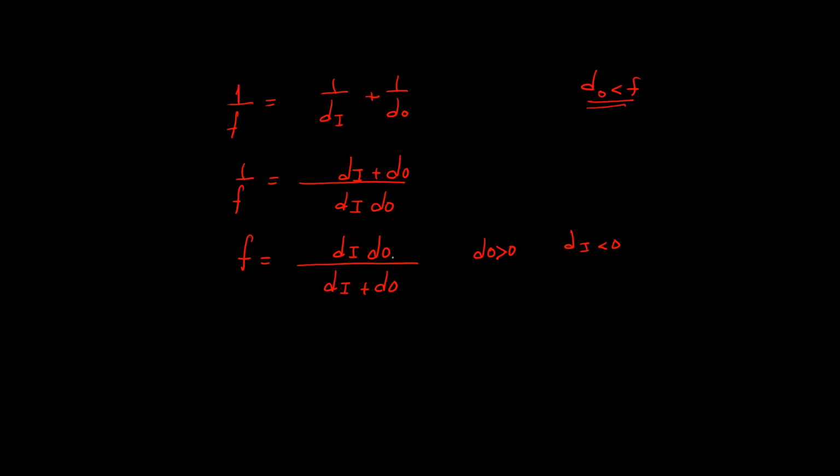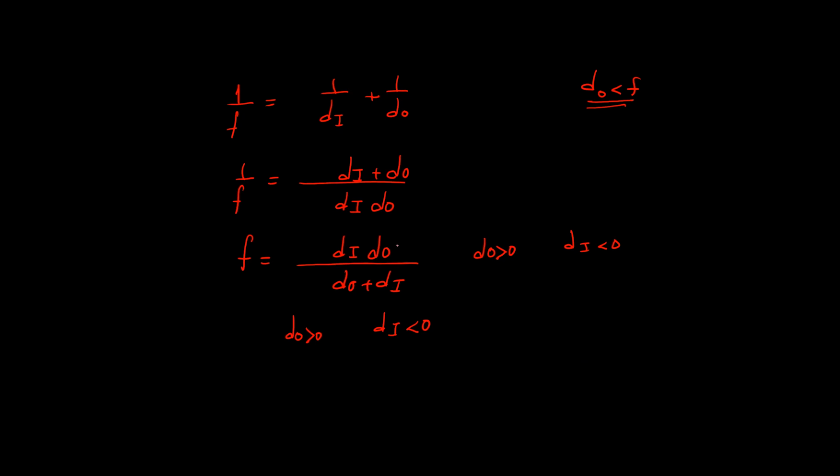Now let's look at the denominator. Let me rewrite the denominator like this. Now I know that DO is positive and DI is negative, but I'm adding them right here. So I'm adding a positive number with a negative number.